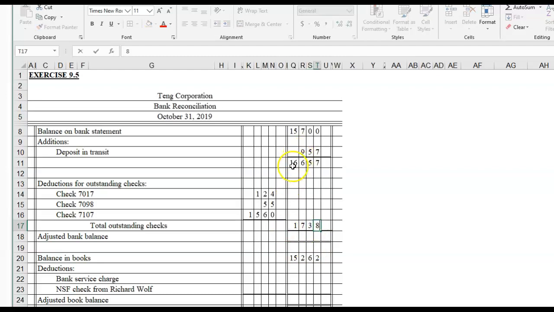Then you're going to subtract from 16,657, 1,378 should be 14,918. Okay, so the bank says our real balance right now should be 14,918.